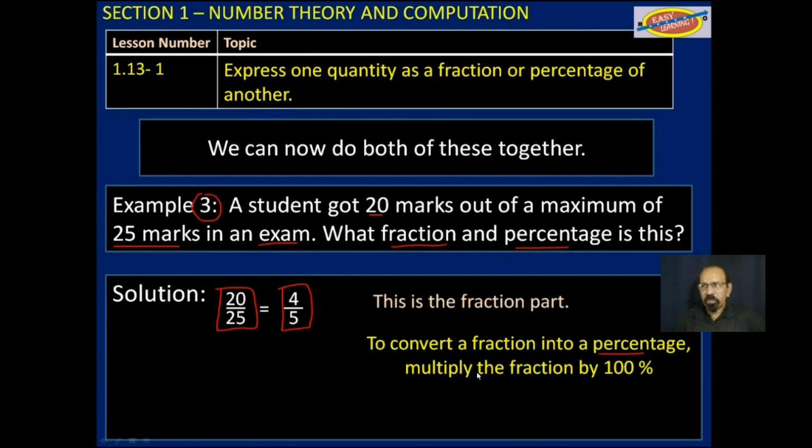We could either use the 20 over 25 or the 4/5, doesn't really matter. Right now, I am using the 4/5 multiplied by 100%, and that works out to be 80%. Not bad. So the answer is 4/5 as a fraction and 80% as a percentage.